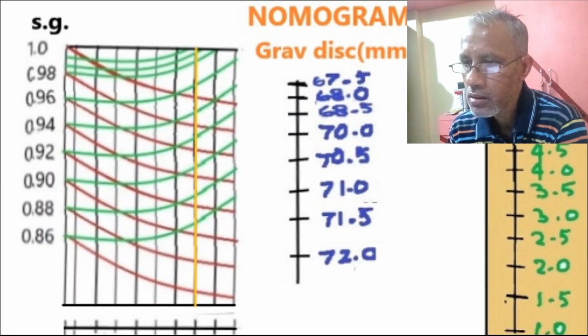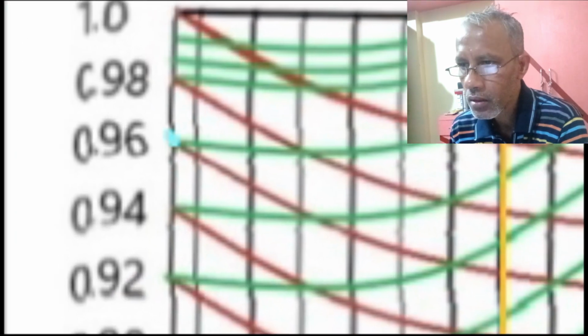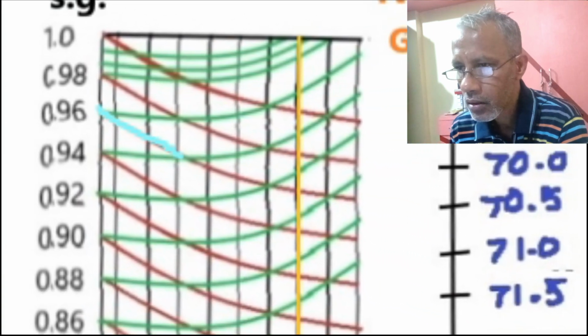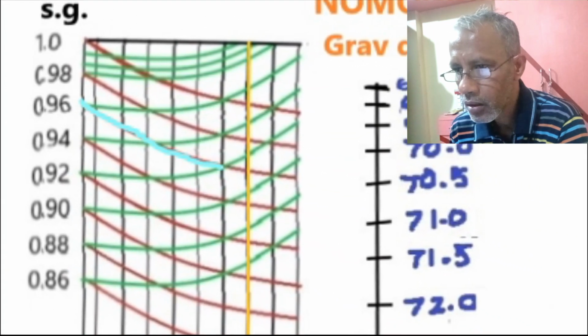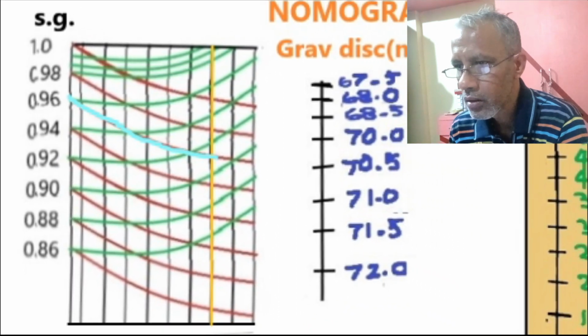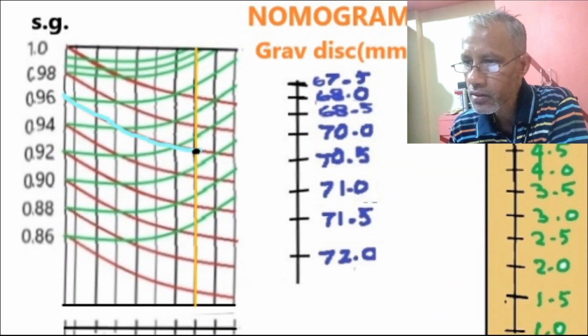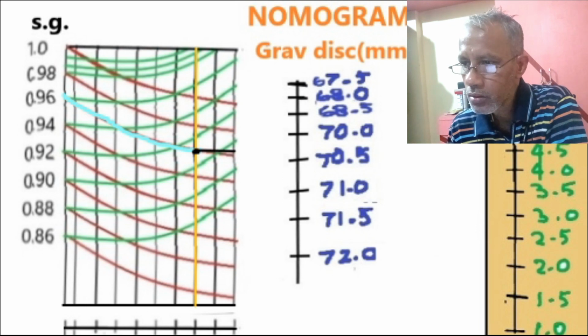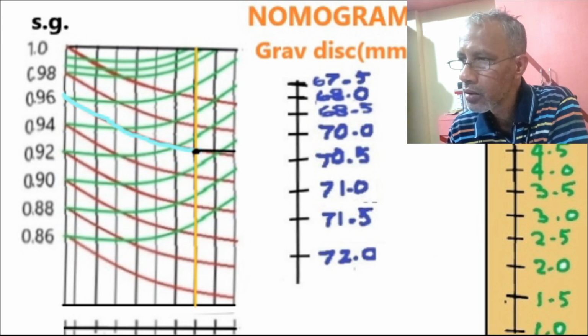So for 0.96 up to 80 degrees Celsius, first a parallel line right up to the 100 degrees Celsius line is to be drawn. So from this point we have to first draw a line right up to 2.0 meter cube per hour.